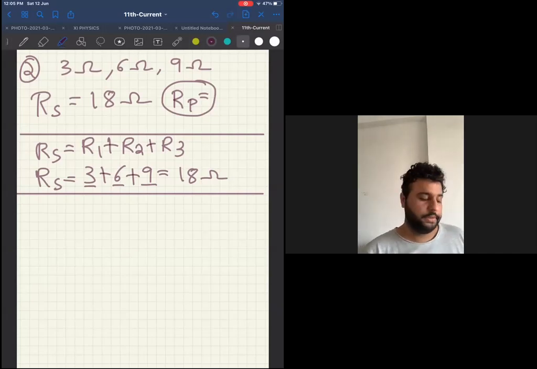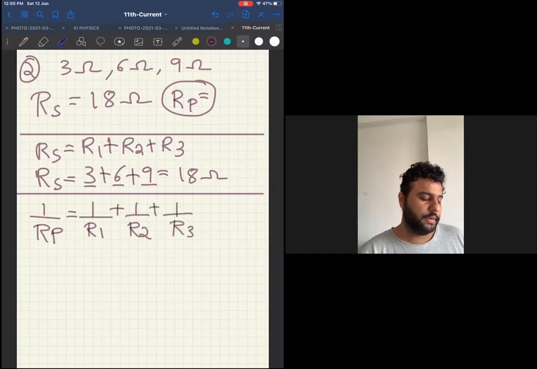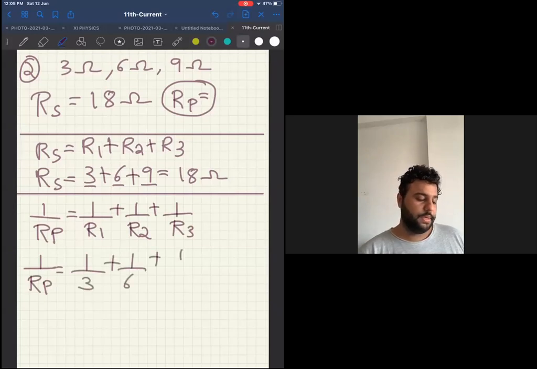Okay, now see this. 1 upon RP is equal to 1 upon R1 plus 1 upon R2 plus 1 upon R3. Therefore, can I say 1 upon RP is equal to 1 upon 3 plus 1 upon 6 plus 1 upon 9.